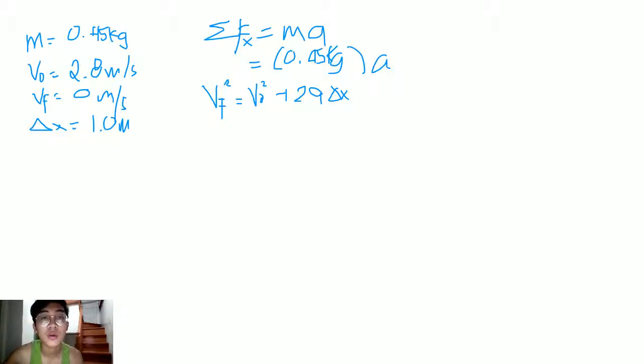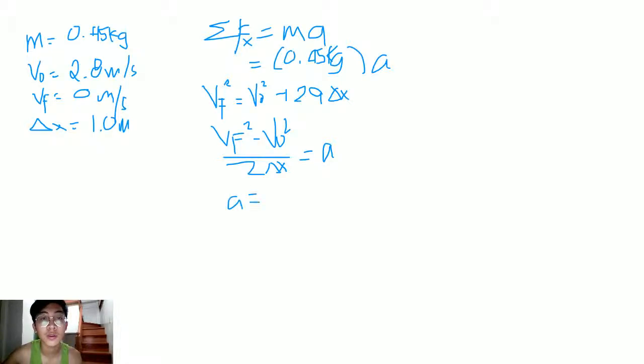So, A can be solved by VF squared minus VO squared all over 2 delta x is equals to A. So, substitute na lang natin yung value nila.